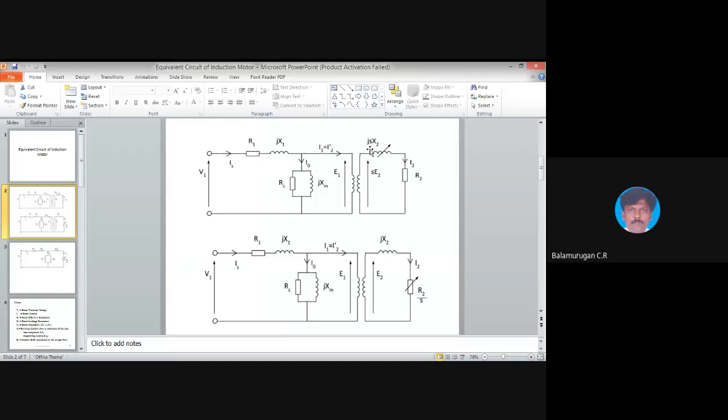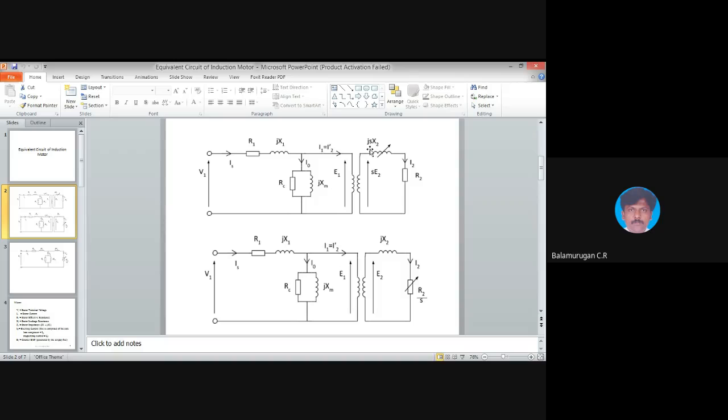And then again, only this term we can write like this. R2 by s, we can write as R2 plus R2 by s minus R2. And if you write like this, we can rewrite this again. You can take R2 outside, so we have 1 by s. And again you can redraw this circuit as a third diagram. You can have a fixed R2 and a fixed inductor, and we will have a variable load.